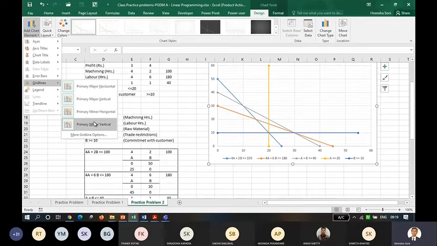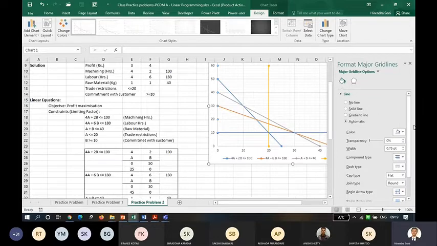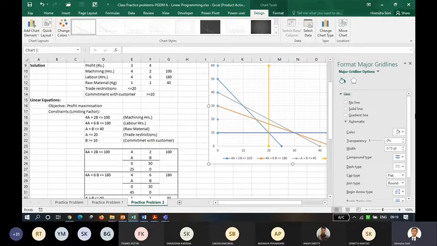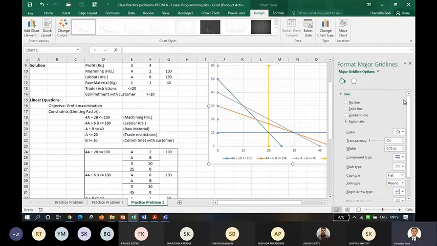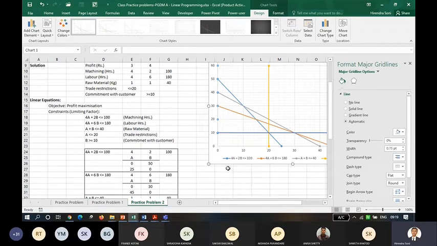If you wish to customize your grid lines, even that is possible from this side, how you want them to look.